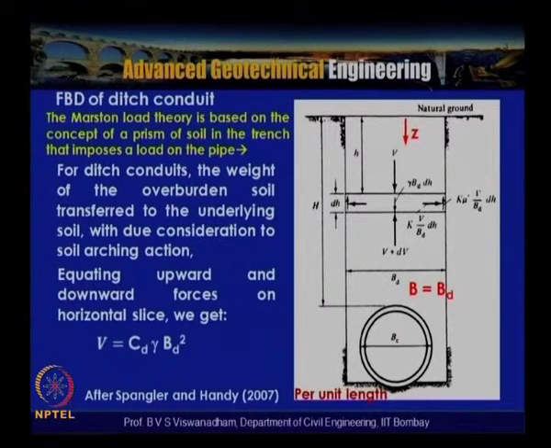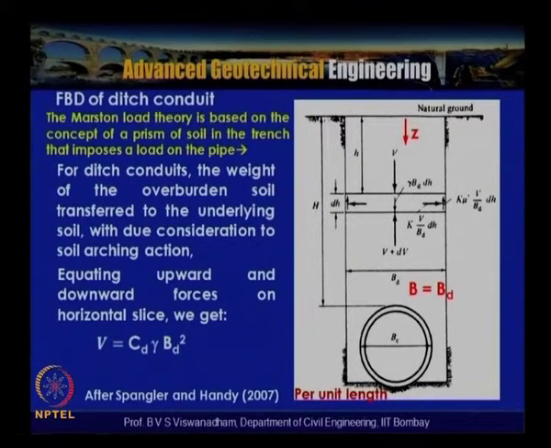Equating upward and downward forces, we get Cd into gamma into Bd squared. How we have got this is that we have taken a thin horizontal slice of thickness small dh at a depth h, or a depth z, below the ground surface.